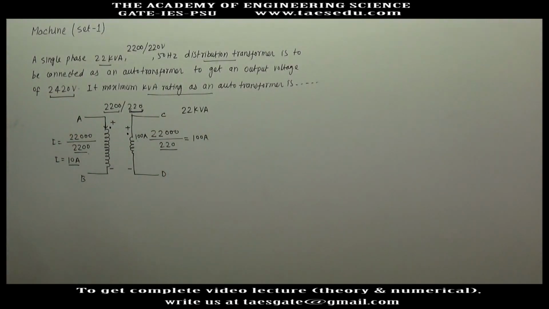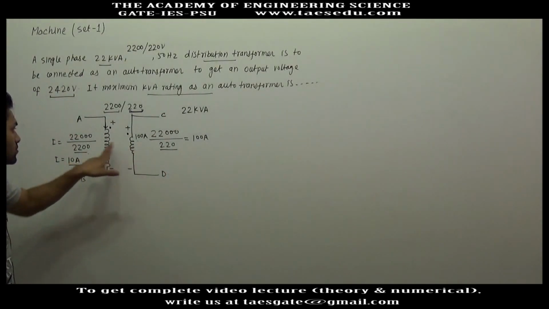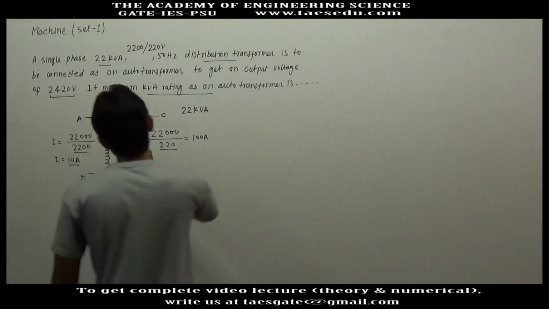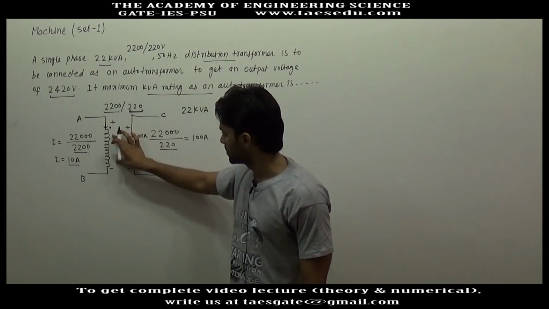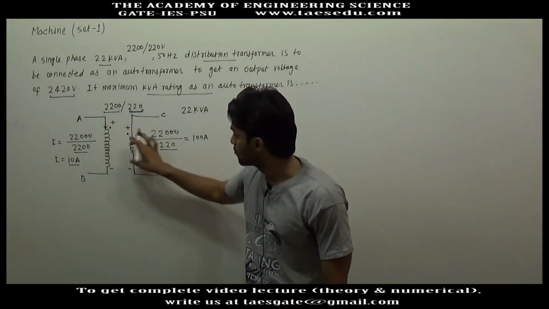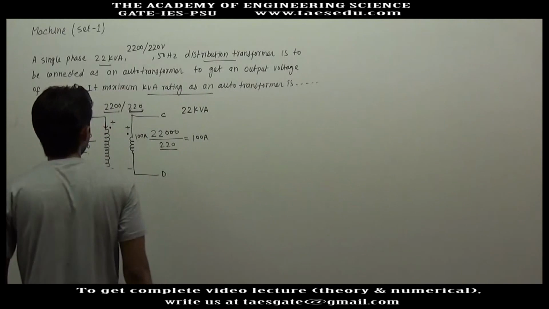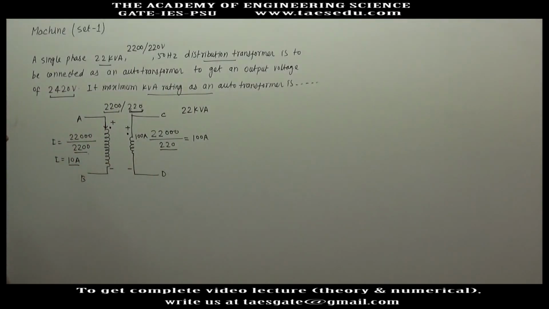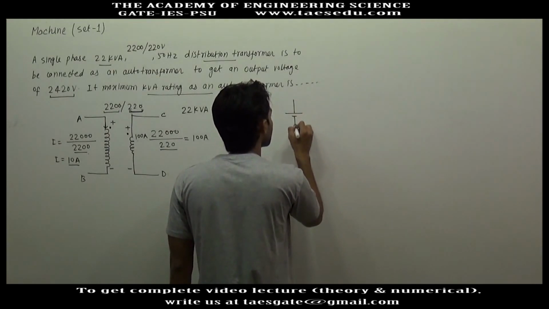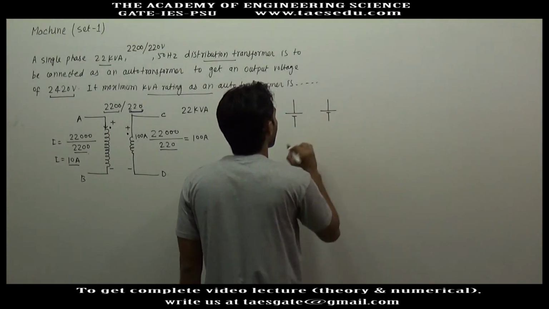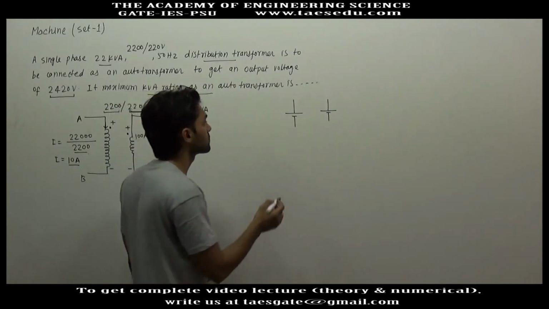Now in the output we have to get the summation of these two voltages. The windings can be thought of as voltage sources, and you have to get the summation of these two voltages. So let's say you have two voltage sources. How will you get the summation?